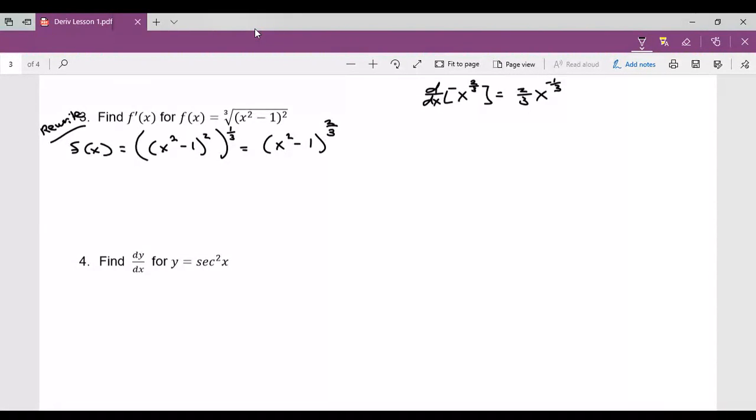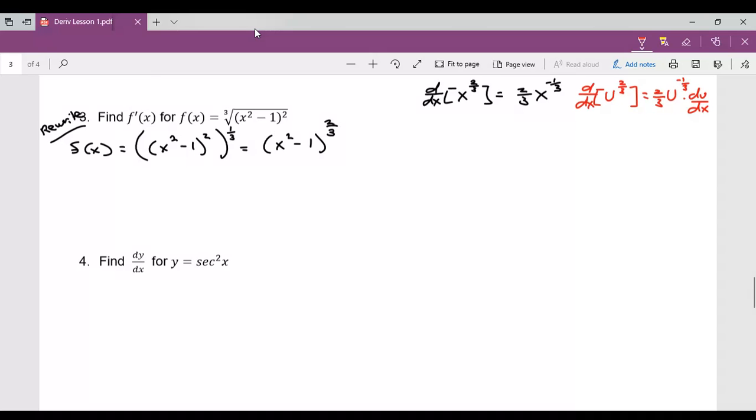How do I apply the chain rule now? What's the derivative with respect to x of stuff to the 2/3, where instead of writing stuff, I'm going to write u? Well, it would be 2/3 stuff to the negative 1/3 and then times the derivative of stuff. That is the chain rule, rates of change multiply.